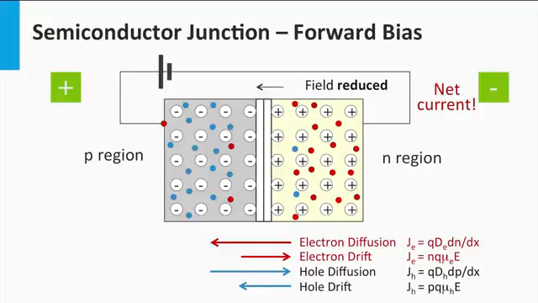First, since the width of the depletion zone is smaller, or in other words dx is getting smaller, the density gradients dn/dx and dp/dx become much larger. As a consequence, the current density related to diffusion becomes significantly larger, indicated by the larger arrows.